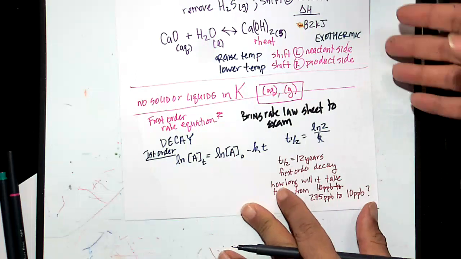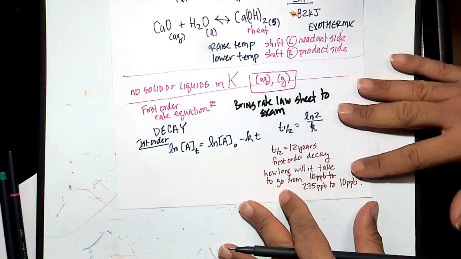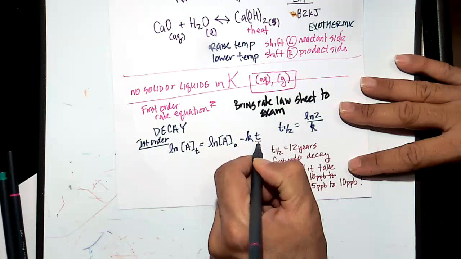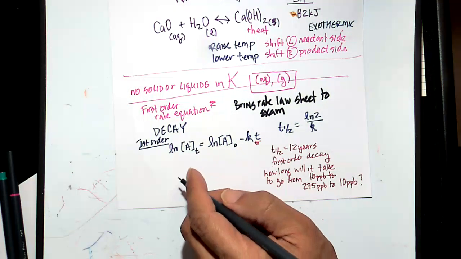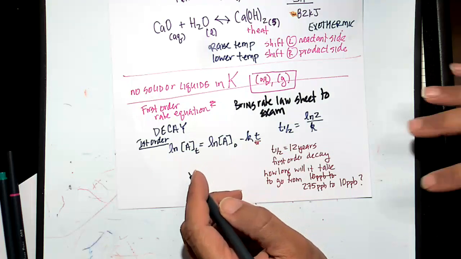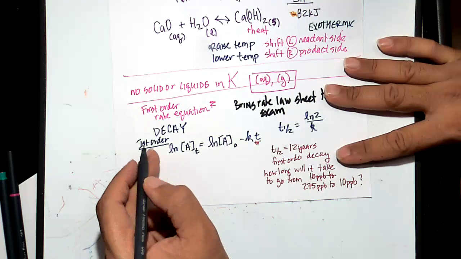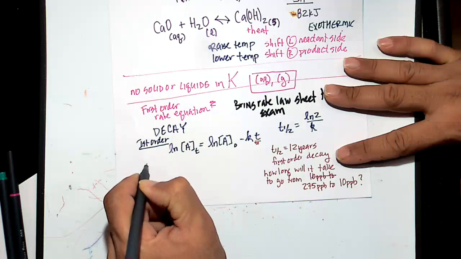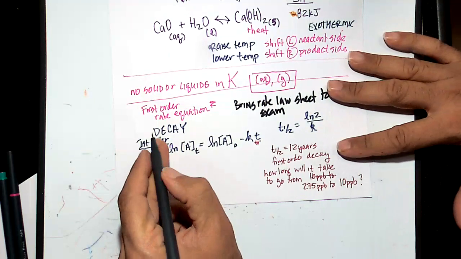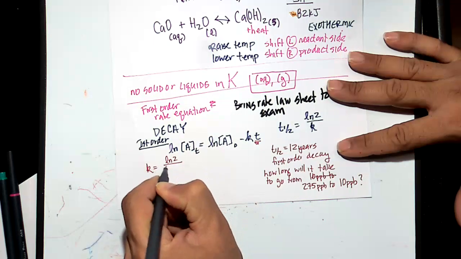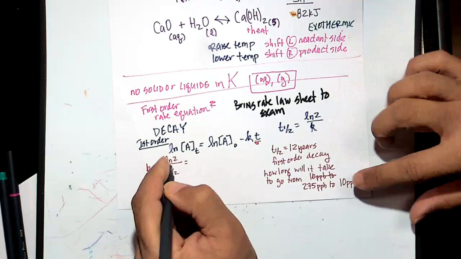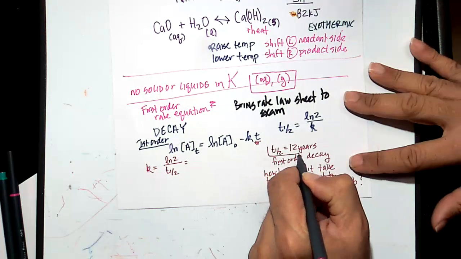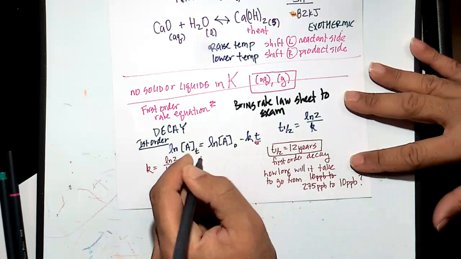So do we know how to solve this problem? We're asked for a time, so we have to solve for time t. First, k is going to equal the natural log of 2 over the half-life. They tell us the half-life in this problem is 12 years.